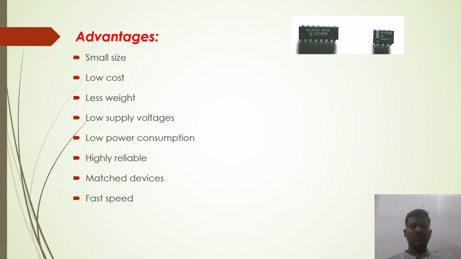It also has less weight, the power supply requirement is low, and the power consumption is also low, but it is highly reliable, and it can be used as matched devices. Meaning, you can connect the output of the circuit to the next circuit without any additional buffering units. And the foremost advantage is that the operational performance of the ICs becomes very fast.